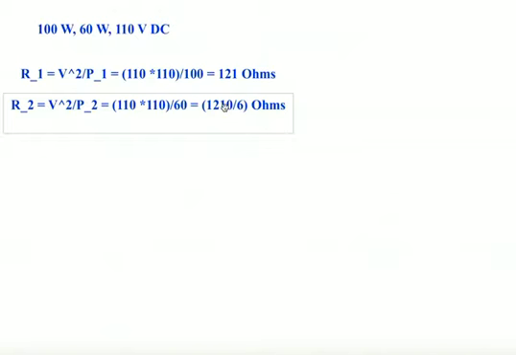It can be still divided by 2, so 605 by 3. That is R1, R2.